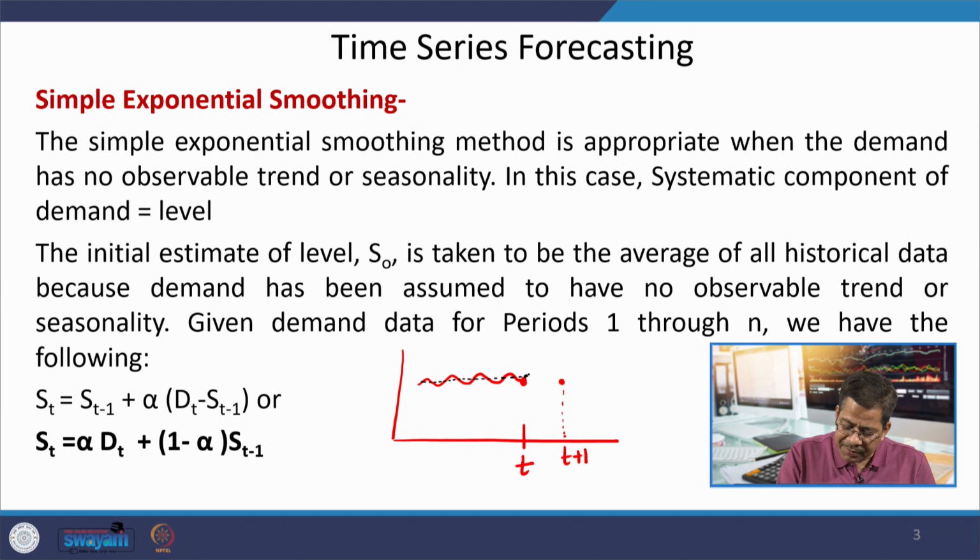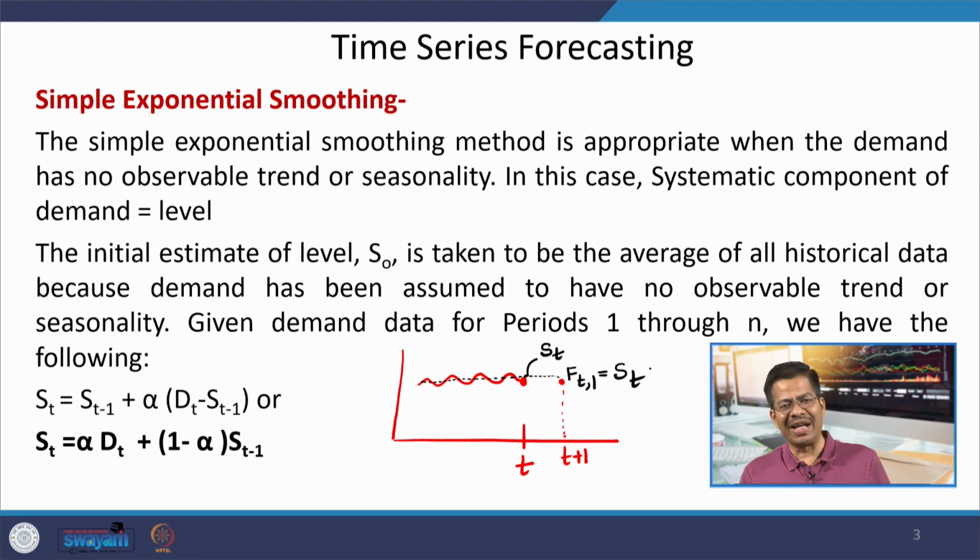So, I will determine this level value for the current period, which I say ST, and this level value of the current period I assume will remain the same for the next period. So, this ST will become my forecast for the next period.